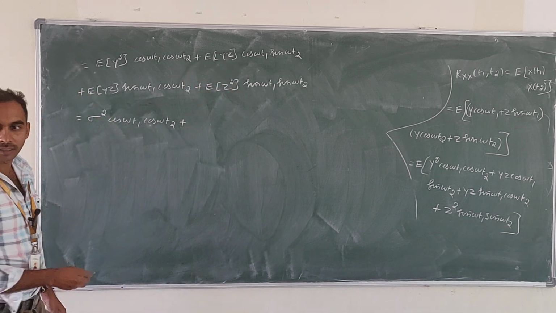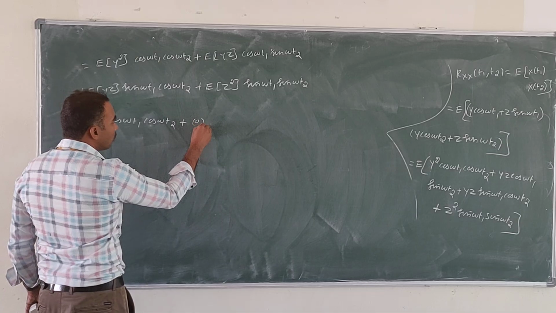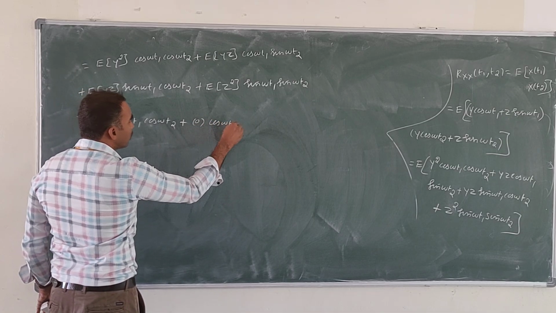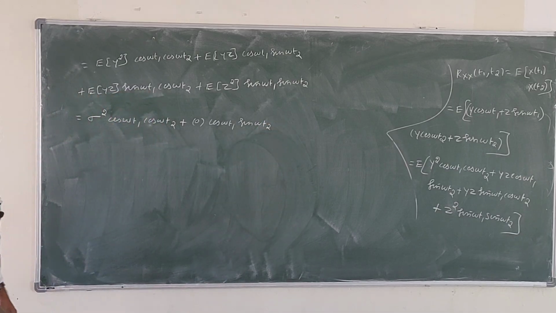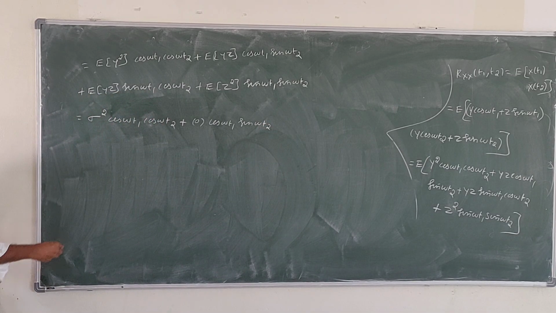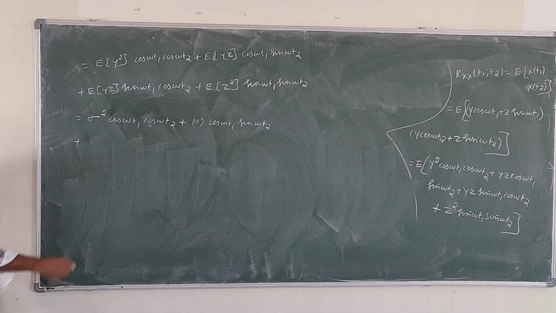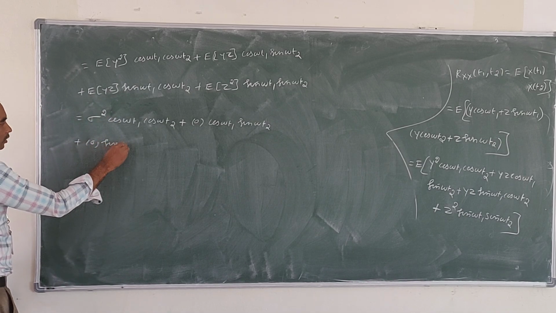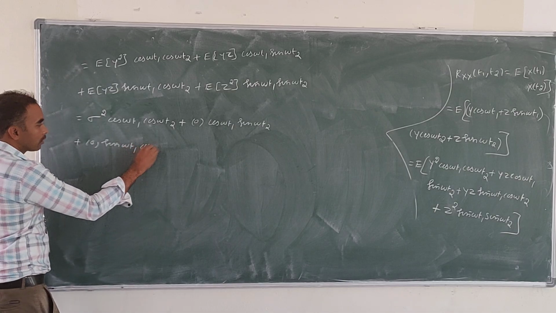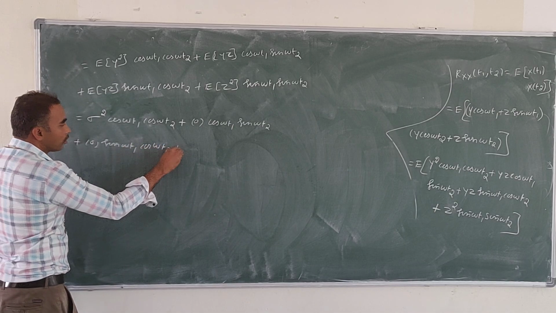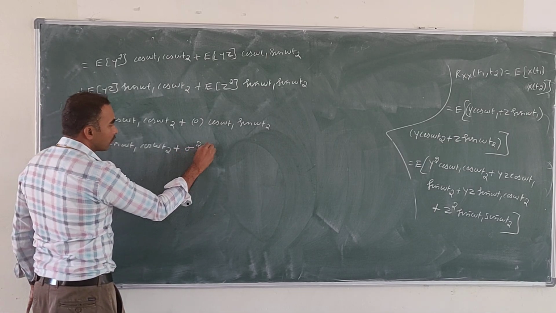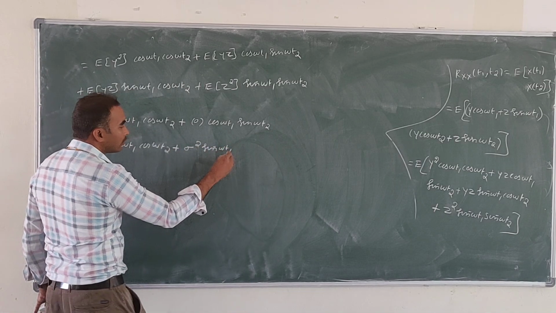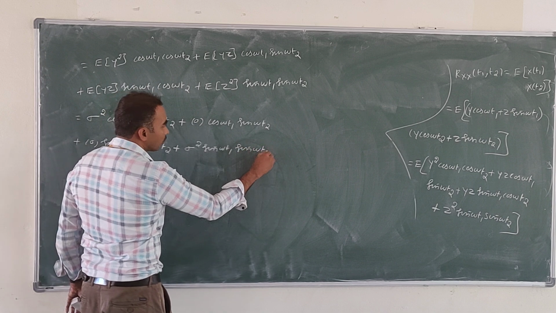It is 0 into cos omega t1 sin omega t2. Next, plus the value of E of yz is 0, sin omega t1 cos omega t2, plus what about E of z square? Sigma square sin omega t1 sin omega t2.